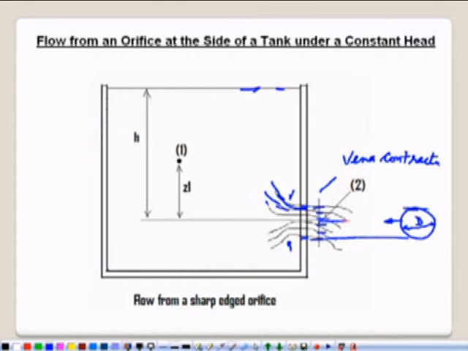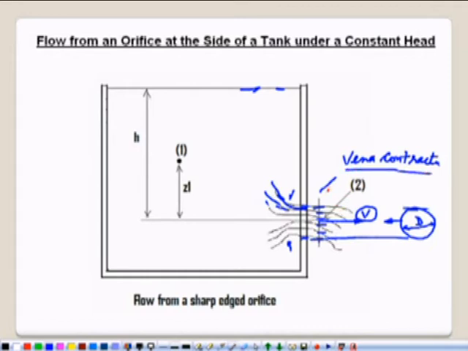At this section of the vena contracta, the velocity is only in the horizontal direction, in the x direction. So though we have a minimum area at the orifice, because of the effect of inertia we have a minimum area here, which is known as the vena contracta.